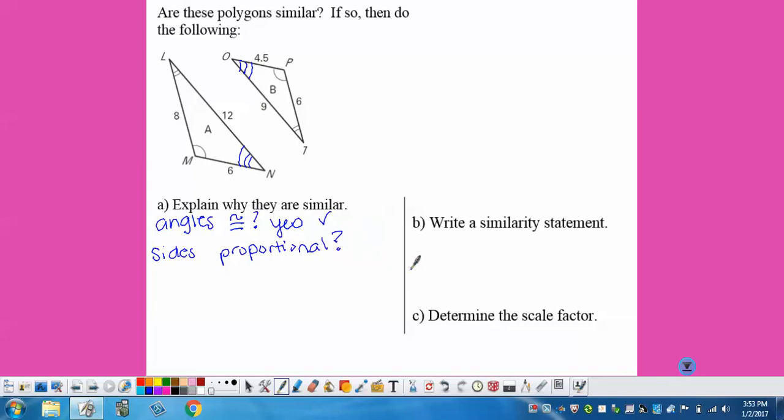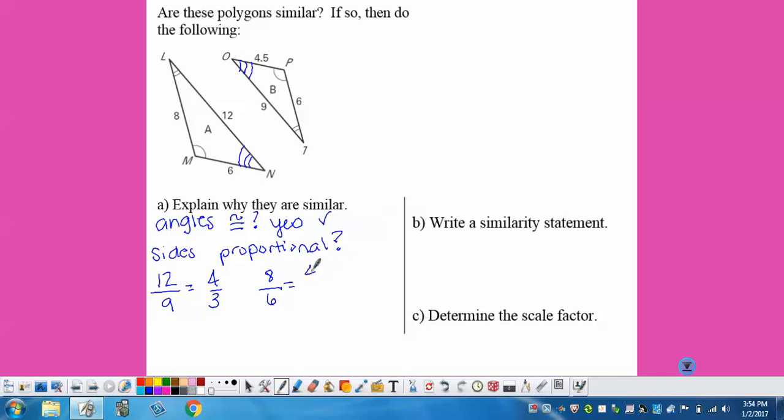So let's match up the sides. We need to do the longest side with the longest side. So the longest side in this triangle is 12 over the longest side here is 9, and that simplifies to 4/3. So let's look at the medium sized. Here we have 8 over 6.